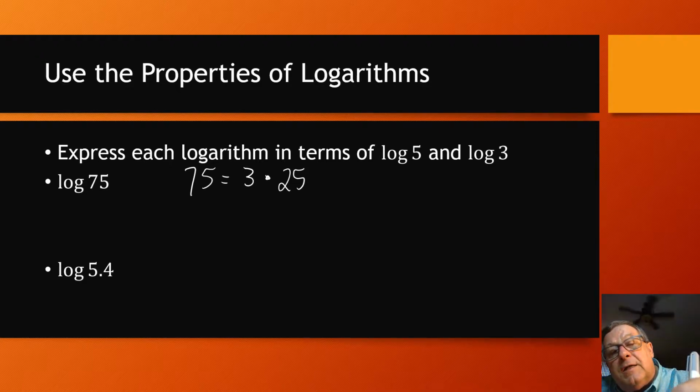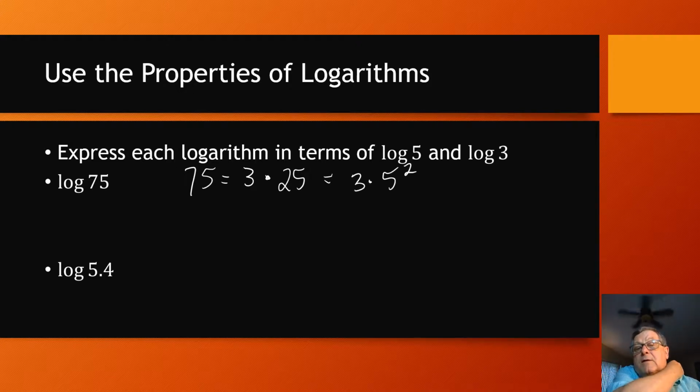And I could say then that that equals 3 times 5 squared. Okay, so now I'm about to get this in terms of log base 5 and log base 3. So I'm going to use both the power property and the product property here. And so let's just express this in log base 3 and log base 5.